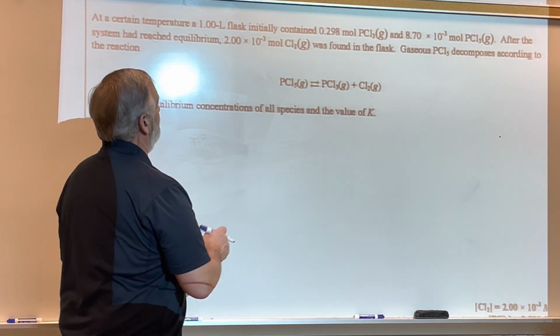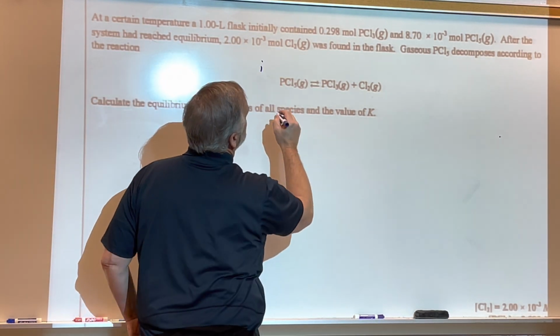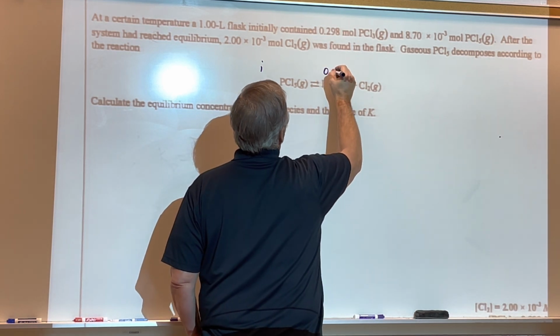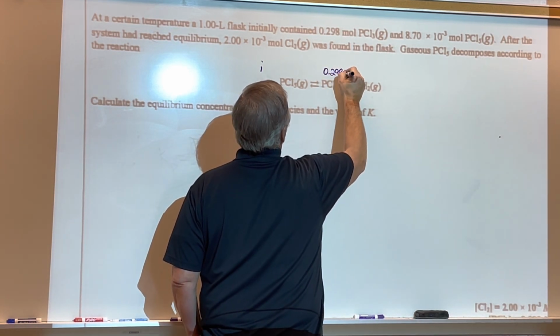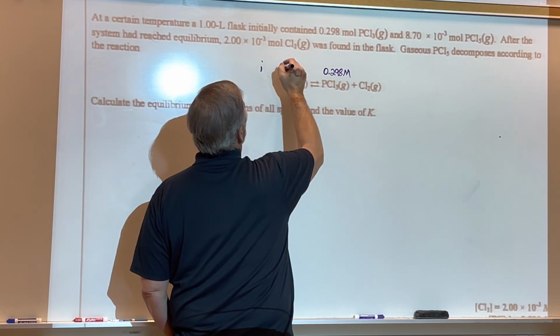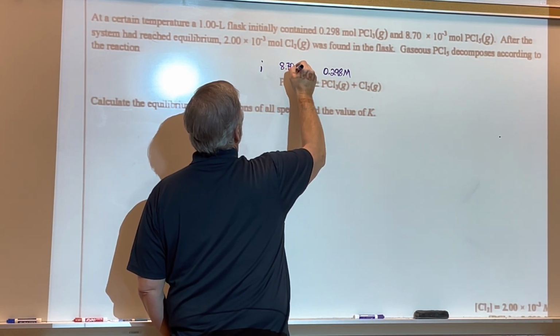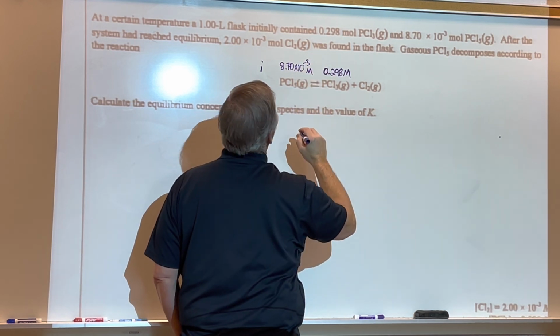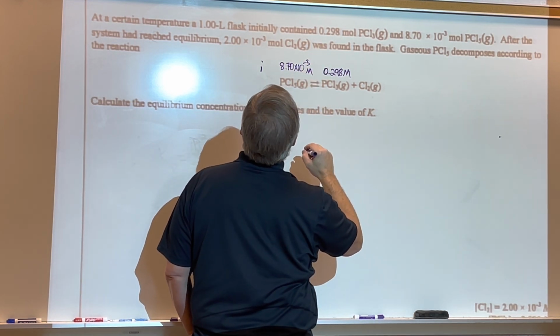So to get from 0 to whatever that is, you're gonna have to add 2 times x, and then your PCl3, since there's a 1-to-1 ratio, you add 2 times x.